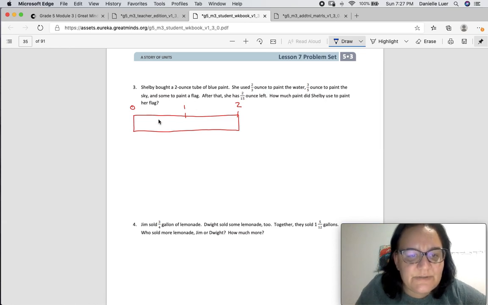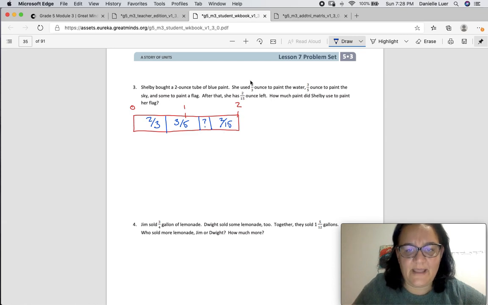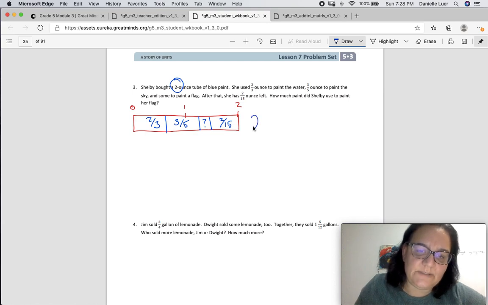So she used 2/3 to paint the water, 3/5 to paint the sky, some to paint the flag, and after that she had 2/15 left. Okay, so this is important. She started with 2, okay? How much did Shelby use to paint her flag? That's the question we want to know right there. So we're going to take 2, that's our whole number.